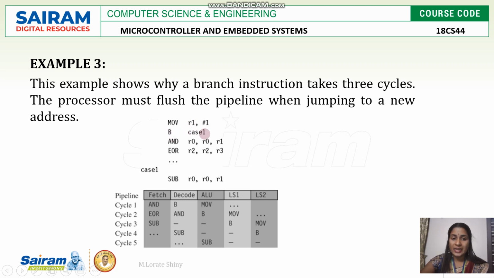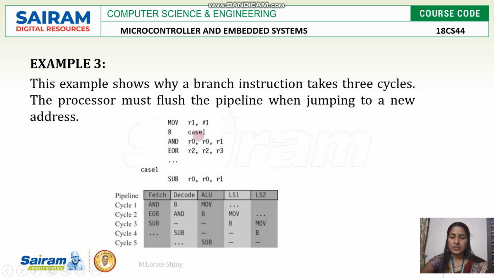Then branch will take 3 cycles. In the first cycle, the processor will find the target address. Then this target address should be moved to the PC, which means the PC, program counter, should be refilled. This refilling will take 2 cycles. Totally the branch instruction is taking 3 cycles. Because of this, the sub instruction should wait for 2 cycles.